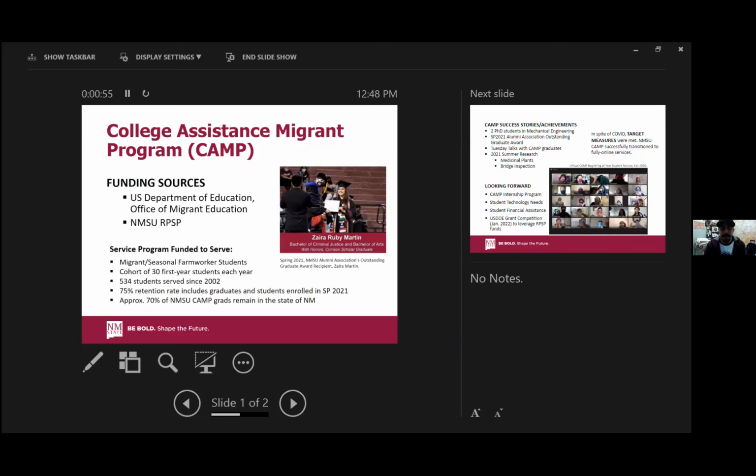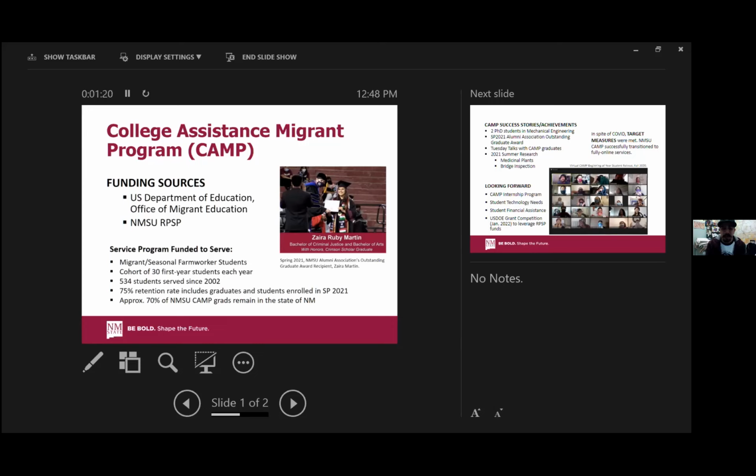The main purpose of CAMP is to support these migrant and farm working students to attend college. The main goal is to recruit, retain, and graduate the students from New Mexico State University with a bachelor's degree. We receive funding directly from the U.S. Department of Education through the Office of Migrant Education.